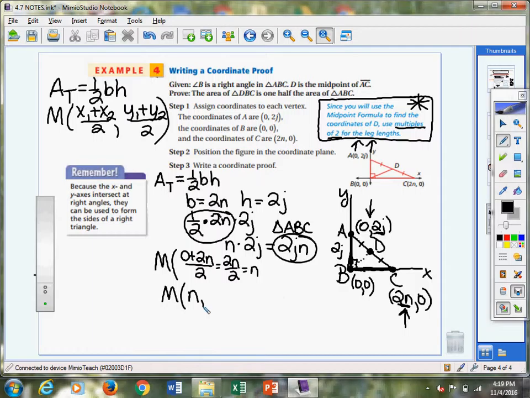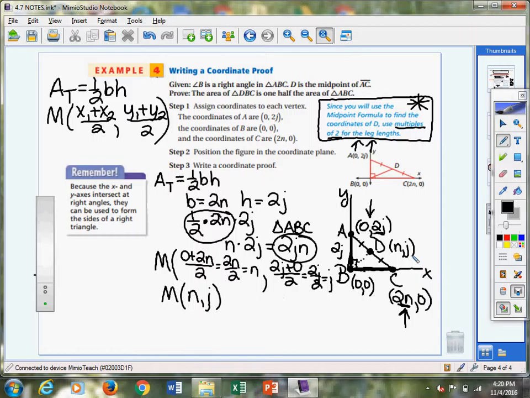Now I'm going to do the same thing for the y's: 2j plus 0 over 2. So that's 2j over 2, which is j. So my midpoint is going to end up being (n, j). That's point D. n is half of 2n and j is half of 2j, so hopefully that makes sense to you.